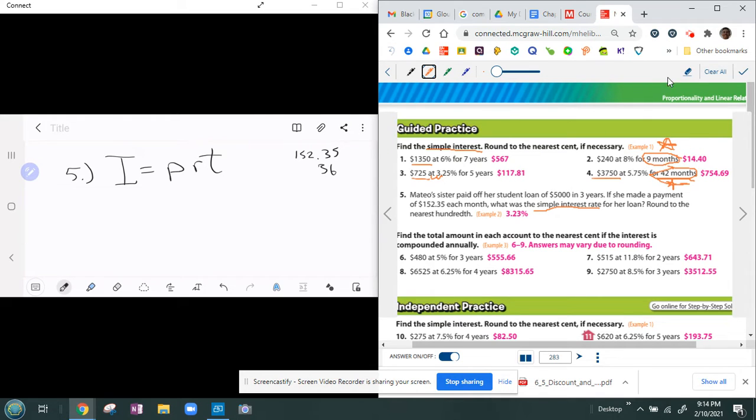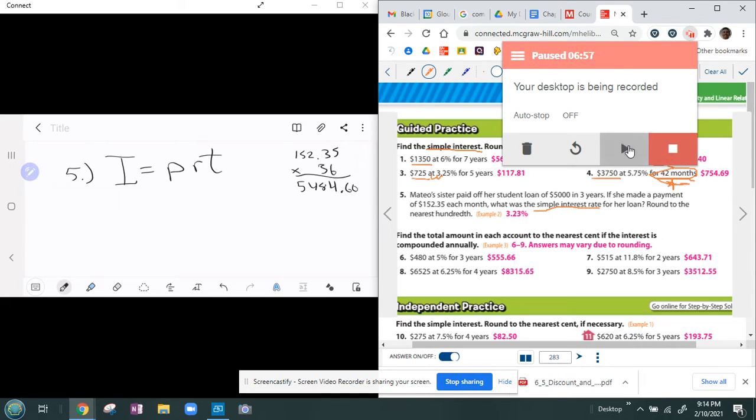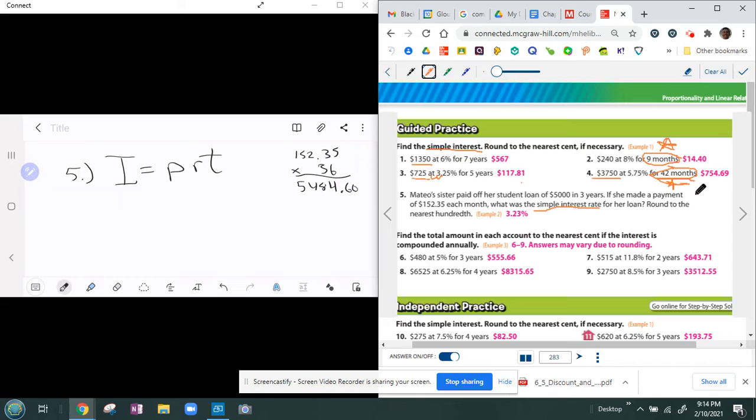Now I'm just going to pause and do the math on a calculator. All right. That came to a grand total of $5,484.60. So how much interest did she pay?